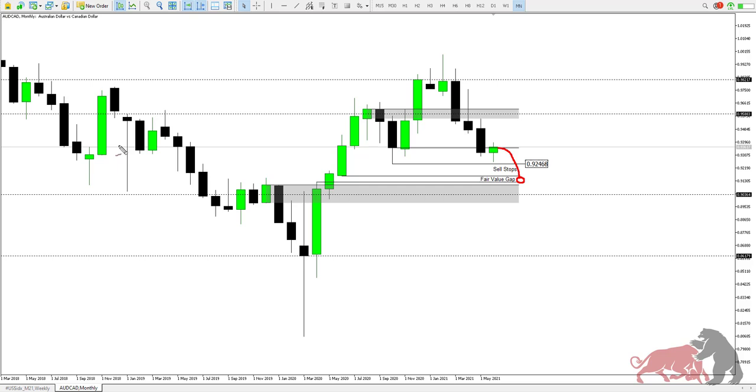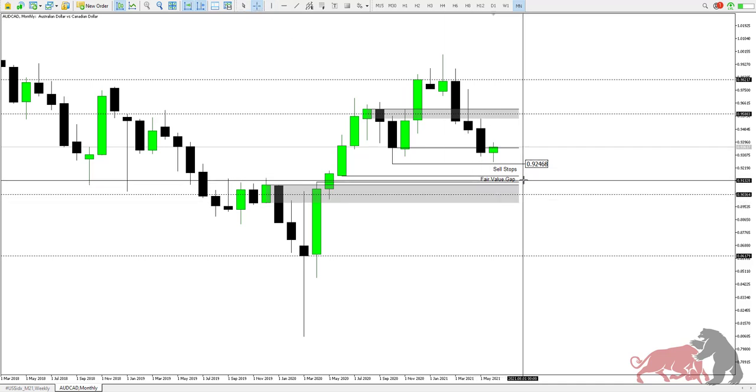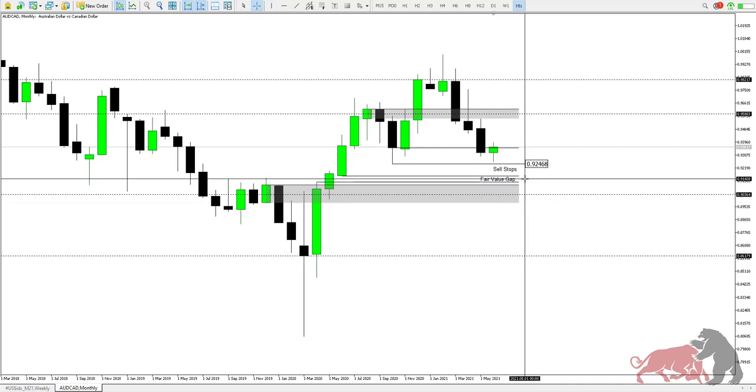So we're looking at 0.92400, 0.91300 as the ultimate long-term goal on AUDCAD. 0.91400, 0.91200. 0.91400 is somewhere right here, right at the 50% mean threshold of our fair value gap. So AUDCAD, we are hunting for short trades based on the monthly structure breakdown.